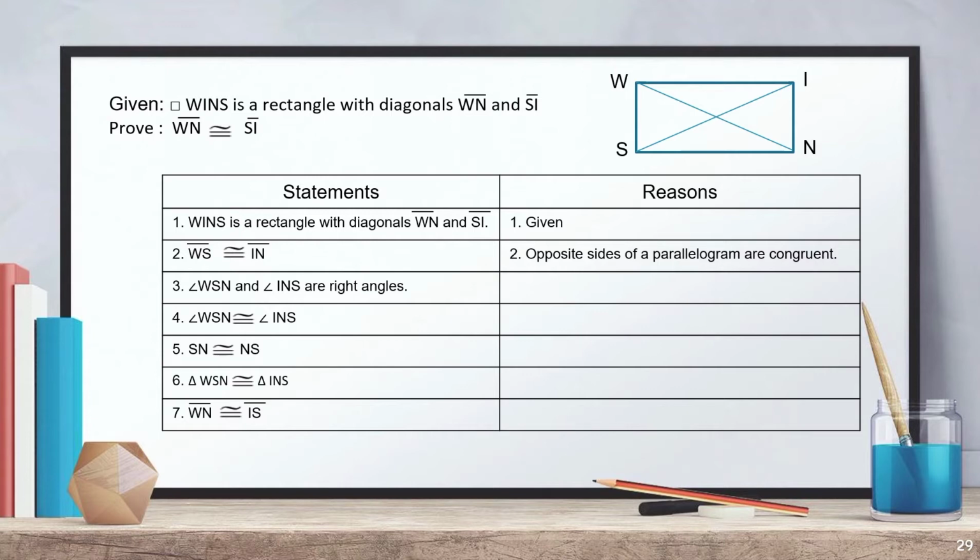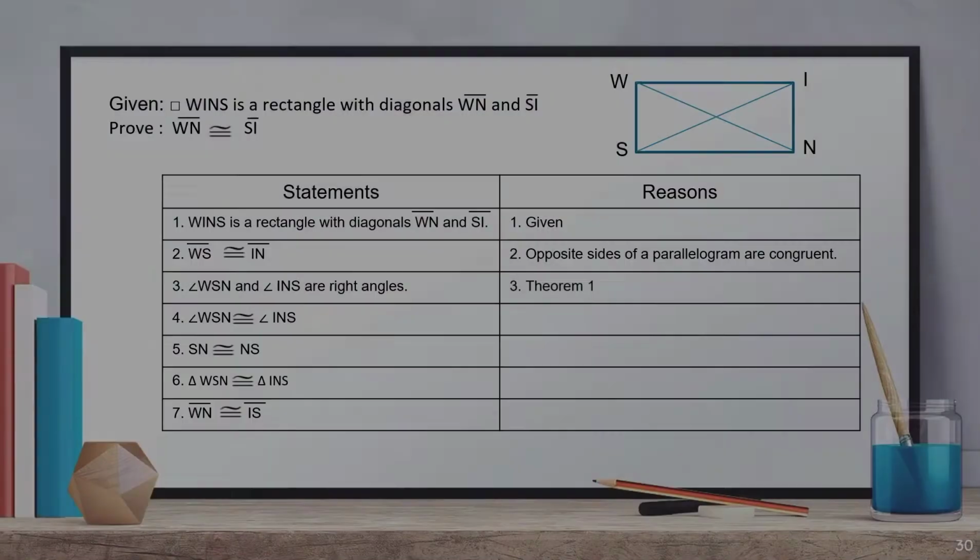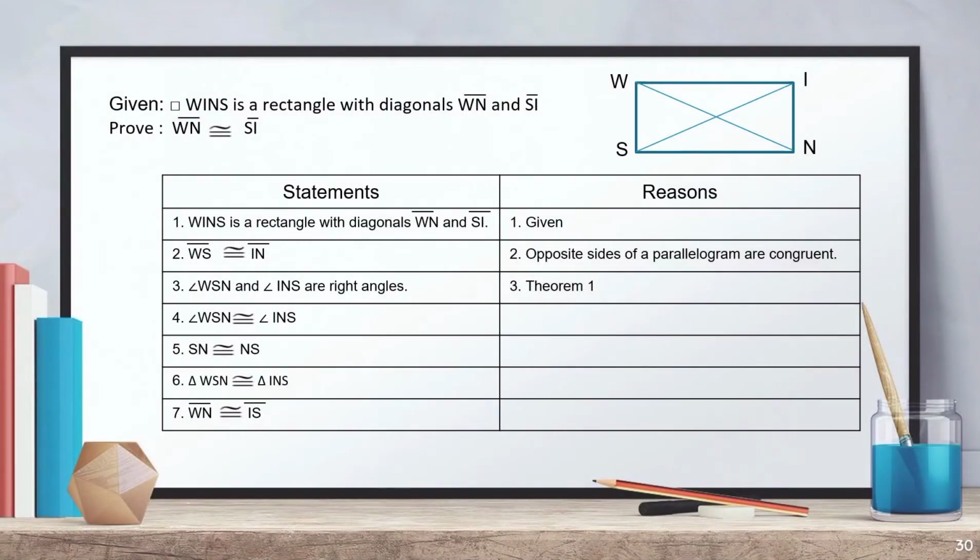Now, statement number 3, we have angle WSN and angle INS are right angles. Reason, theorem number 1. Okay, statement number 4, angle WSN is congruent to angle INS. Reason, all right angles are congruent.